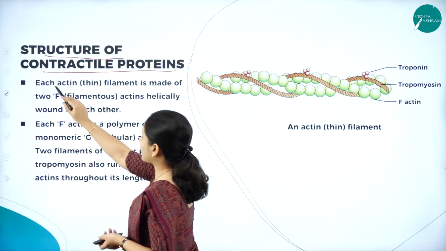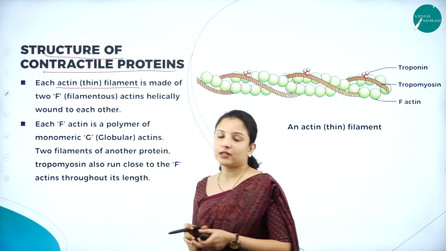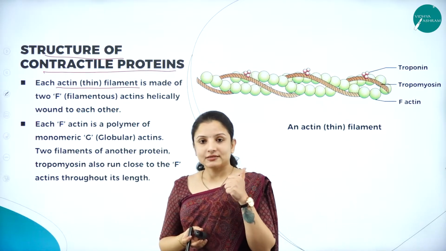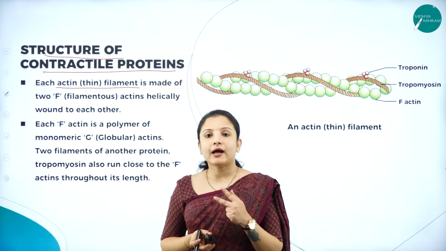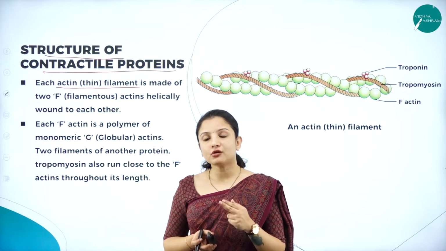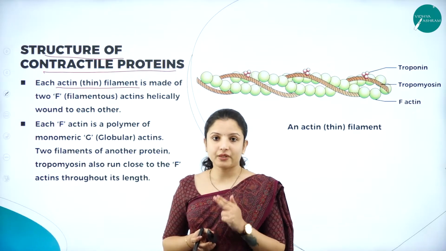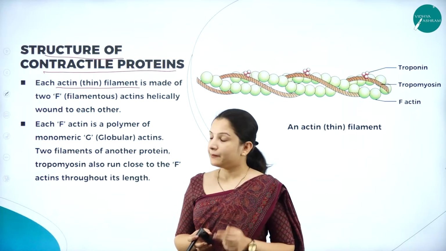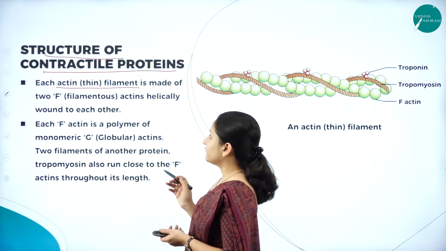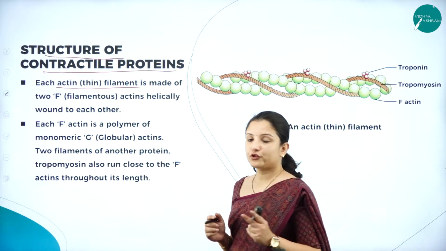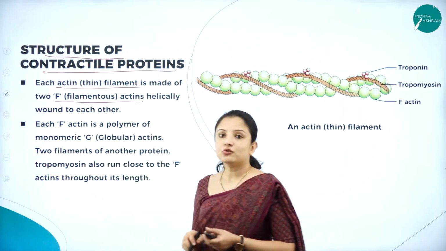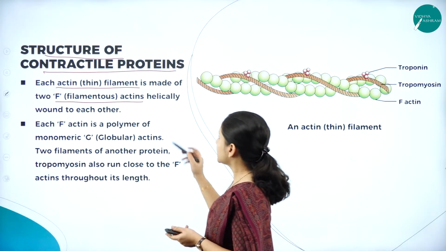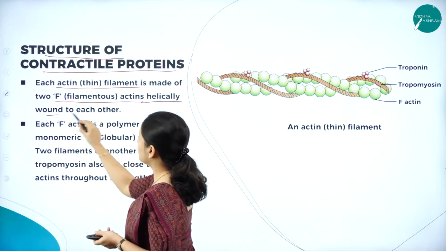Each actin, so actin is a thin filament, right? It is a thin filament, it is light pink in color and it is also called the isotropic band or the I band. Each actin filament is made up of two F actins, which are called filamentous actins, which are helically wound to each other.